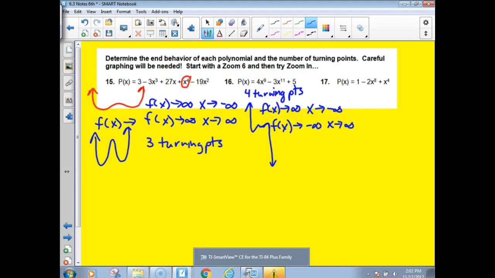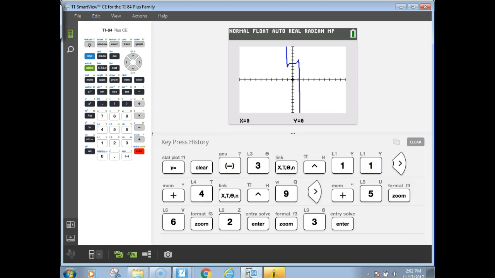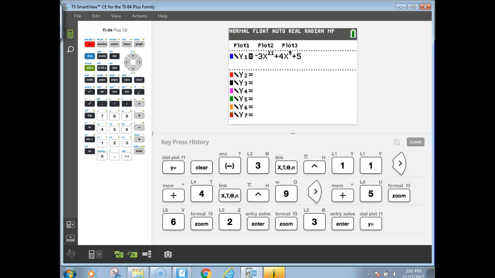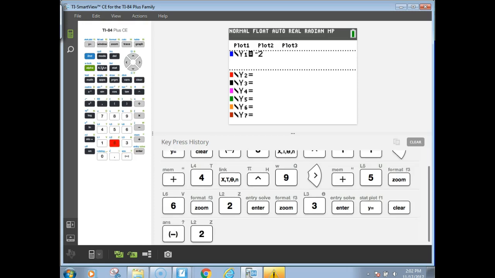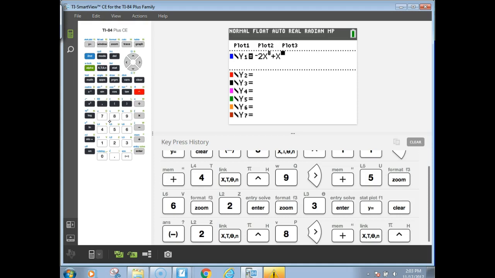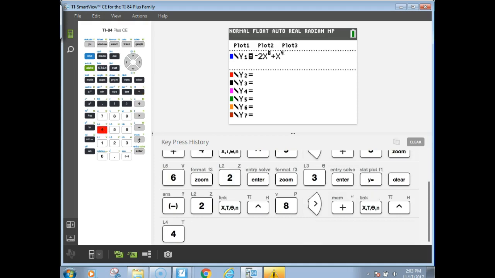Okay, now I'm going to look at the next one. I'll be back there shortly if you still needed something. I'm going to put it in descending order, -2x to the 8th, arrow out of that exponent, plus x to the 4th plus 1. Oops.